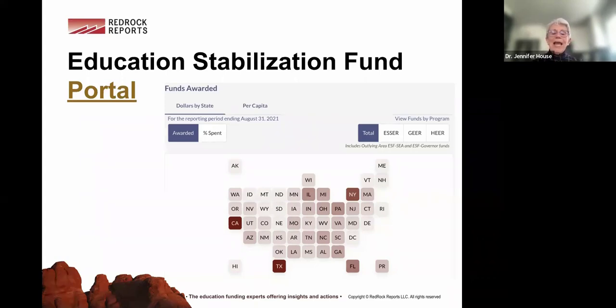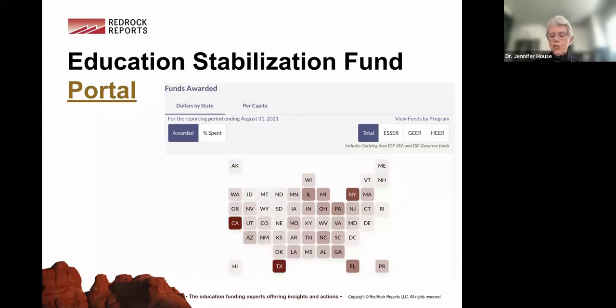And you can look at the ESSER funds, which is the elementary and secondary education, and then the GEER funds and the HEER funds, which is really higher ed, which we aren't going to cover today, but ESSER is really the primary one.